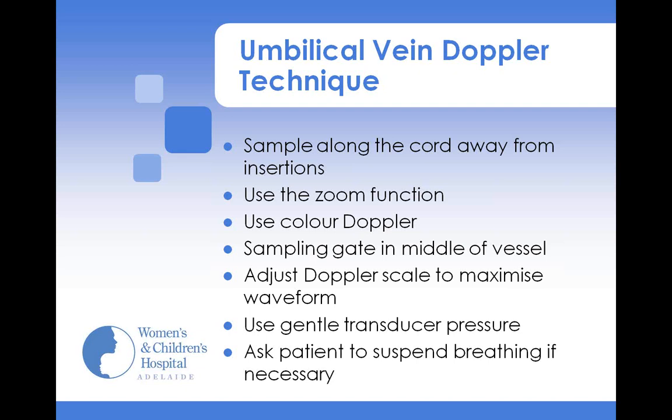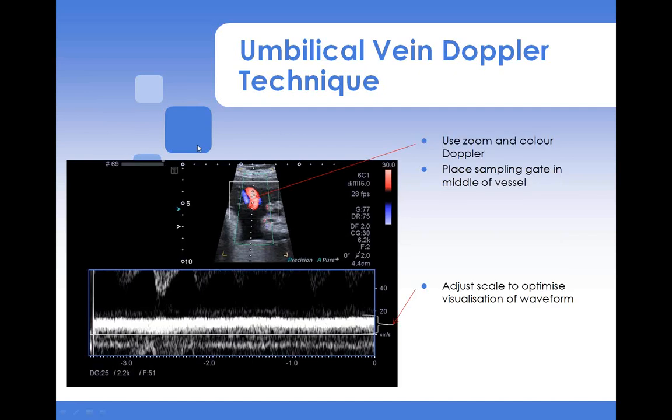Likewise, use the zoom function, use color Doppler, place a sampling gate in the middle of the vessel, adjust Doppler scale to maximize waveform, use gentle transducer pressure, and ask the patient to stop breathing if necessary. So technique middle of the vessel, really, and adjusted scale just so we can see what's going on.